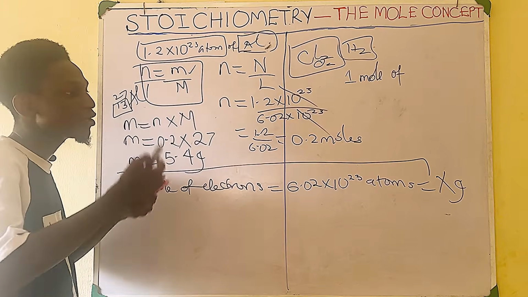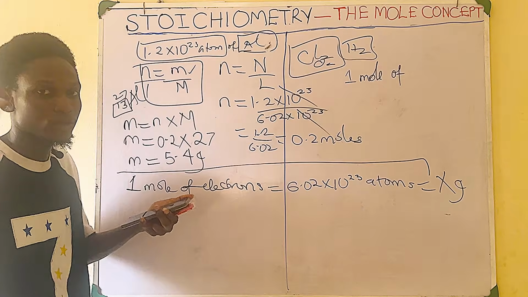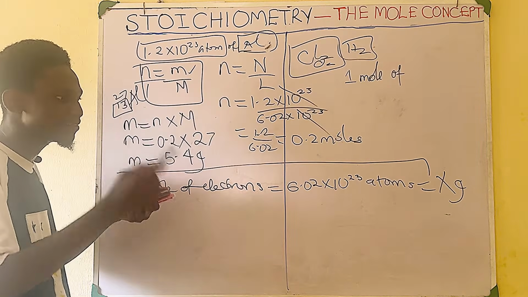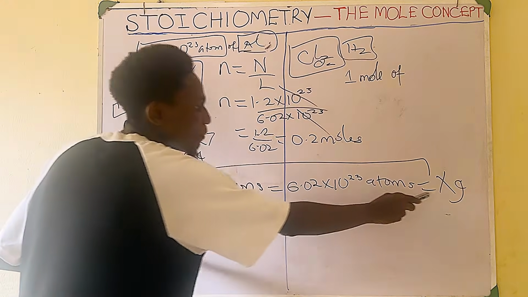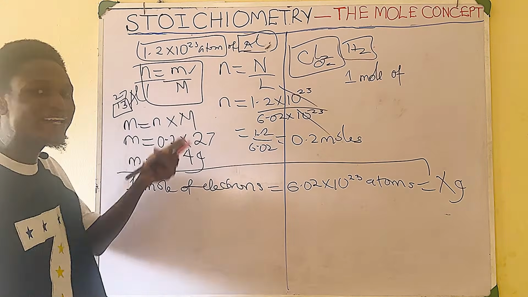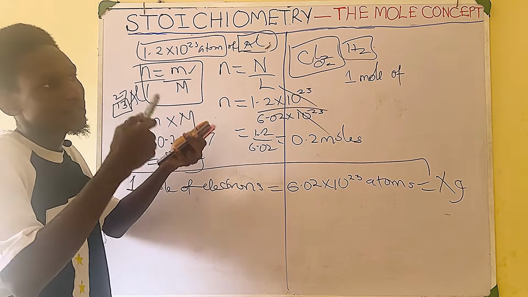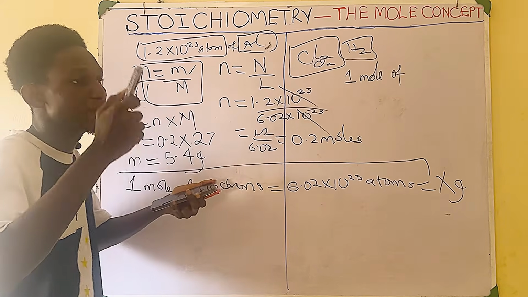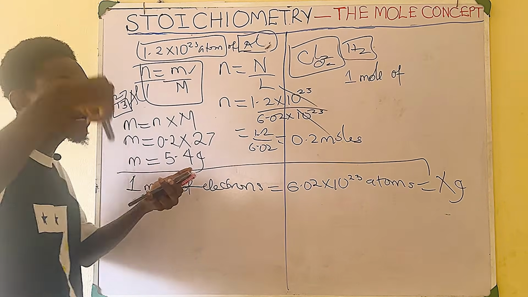Then that is equivalent to the molar mass, which gives us the mass in grams. Hope you remember, don't forget to be writing down this stuff. So what they are telling us to look for is the mass in grams. It's just like the reverse of the previous question. In the previous question, they gave us the molar mass and we looked for the mass of one atom. But now they're telling us to look for the mass of one mole of electrons.